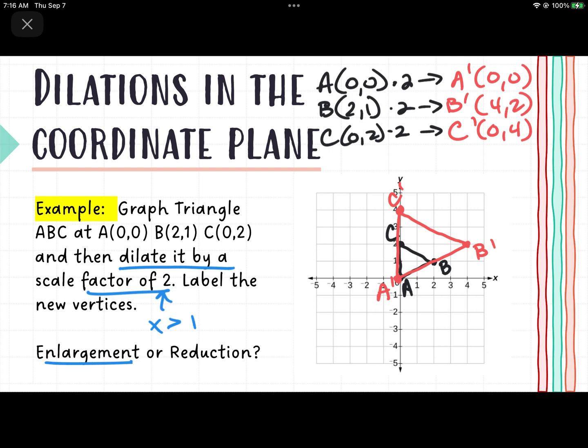One thing I want to point out and remind you guys is that the angles do not change when you dilate a figure. So these angles in the smaller triangle are the same as their corresponding angles in the larger triangle, but the side lengths are not the same. Okay.